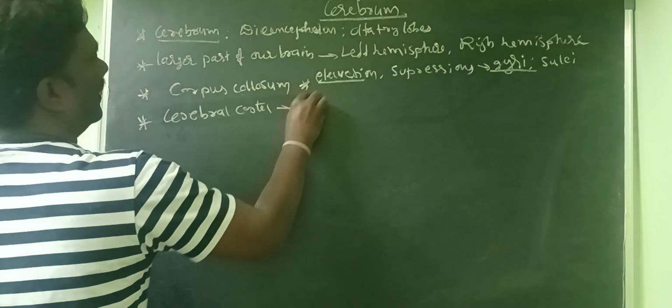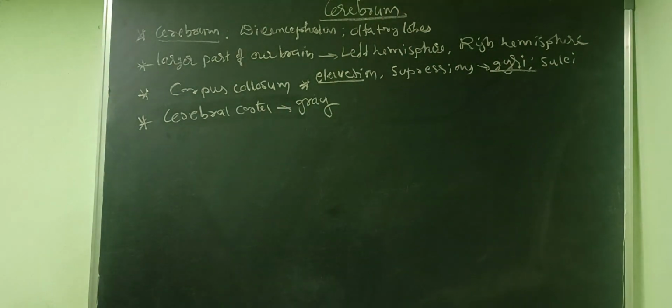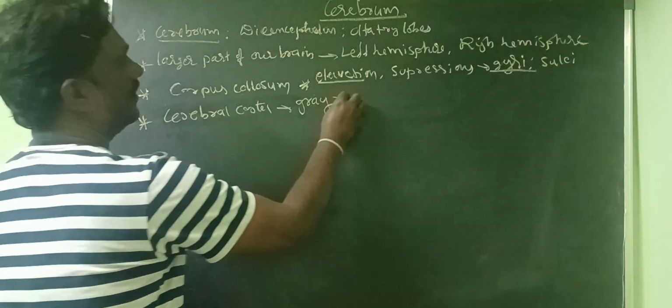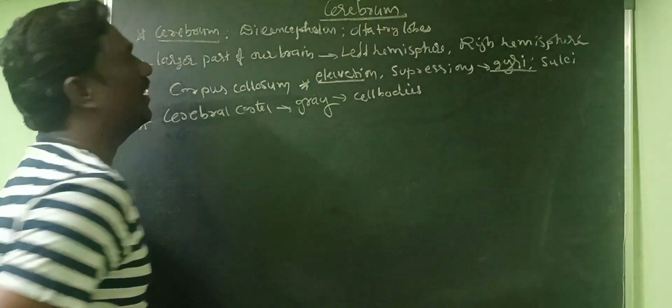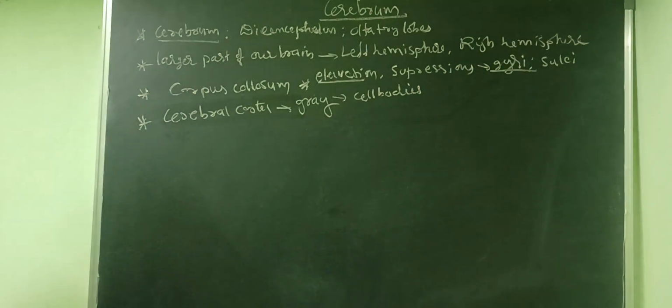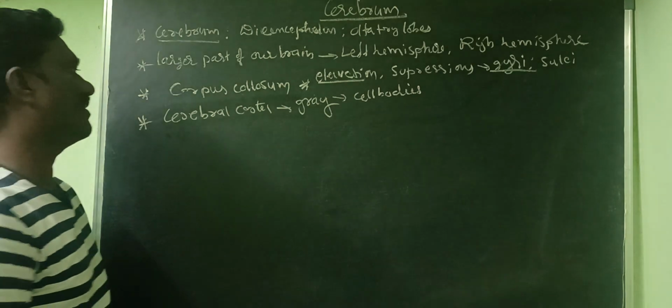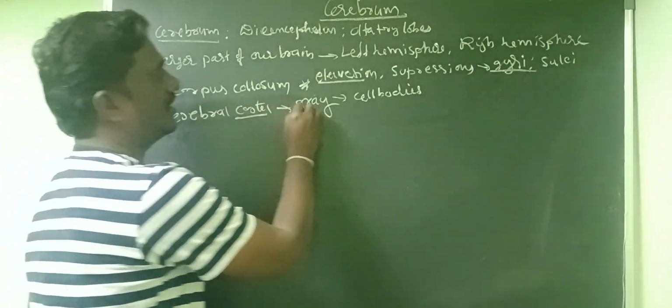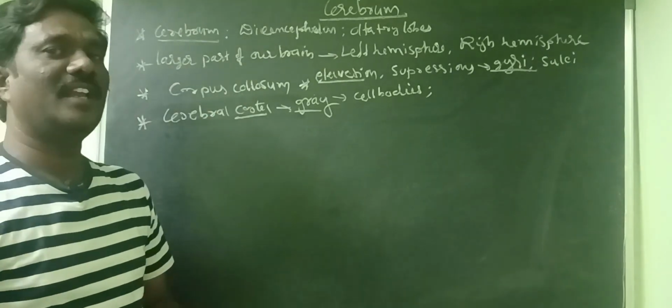It is gray in color due to the presence of cell bodies and nuclei in the cerebral cortex. That's why it is gray. Those are mostly the elevations.